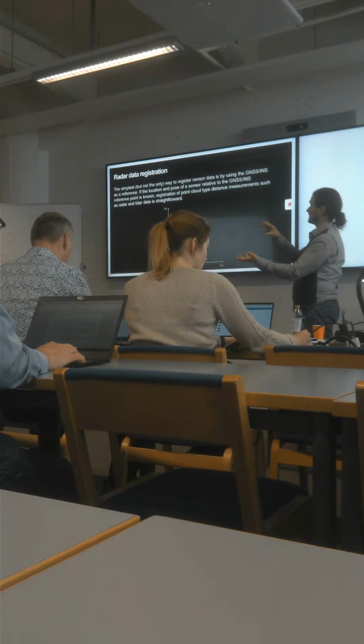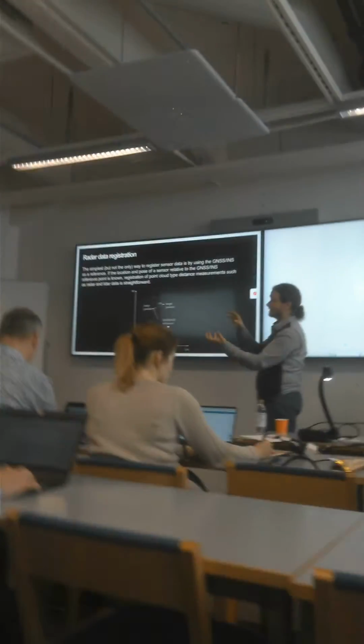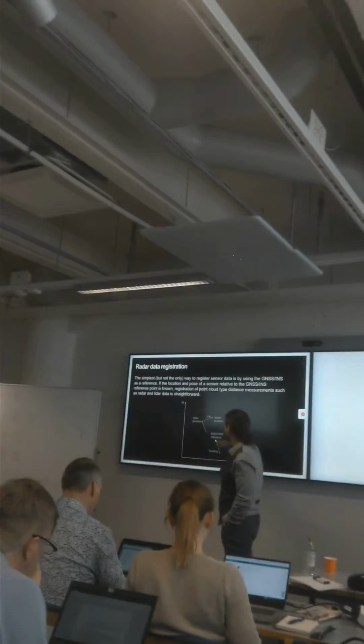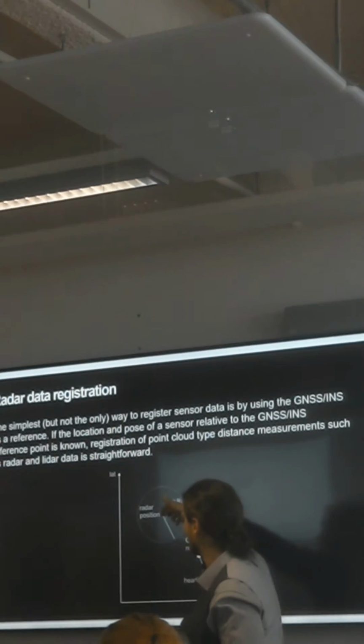Pose the orientation of your sensor relative to this INS device, this reference point, then it's fairly easy to do this registration. If you know that the INS is here, you know it measures its heading, in the case of the radar, and you know that the radar is installed in this position relative to the INS.